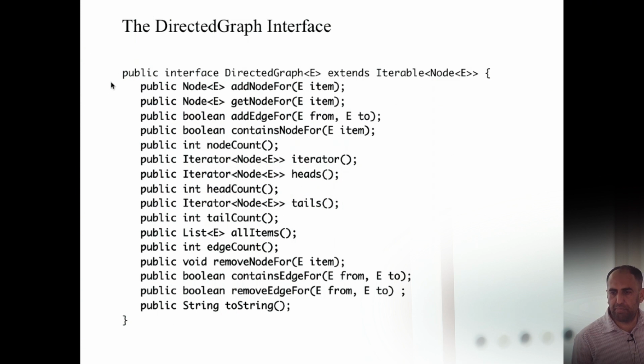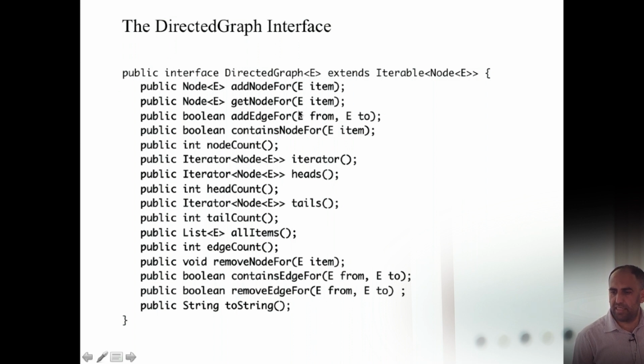So it's quite important that you go through all these API details and implement the methods accordingly. And here is a simple overview of the different methods that we have in the directed graph. You can see that we want the graph to be a generic one that can be used with different data types that can be instantiated at runtime. Add node takes a generic parameter, creates a node for it and adds it into the graph.